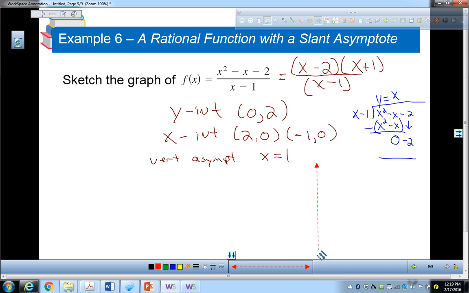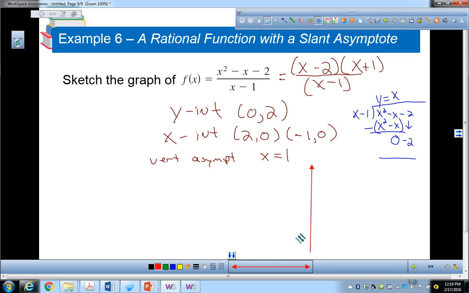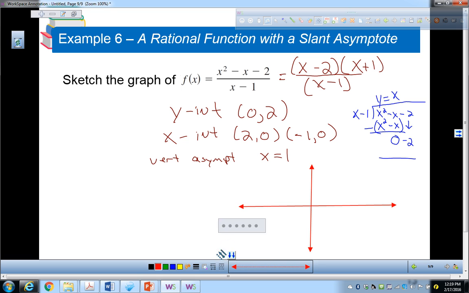Ready? Oh, that's not very good. Let's make it solid. So I'm going to graph all my points. Vertical asymptote at x equals 1. We're going to make that dotted, a different color. Here's x equals 1. What does y equals x look like?